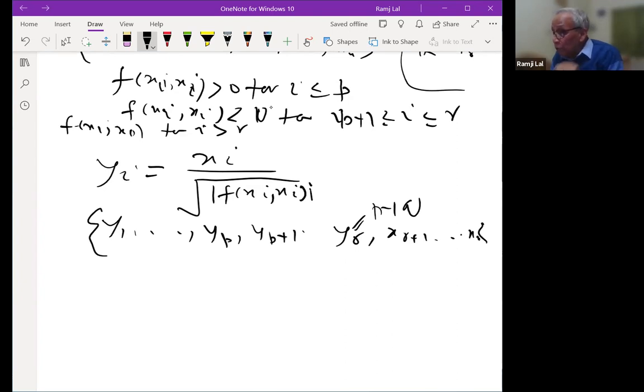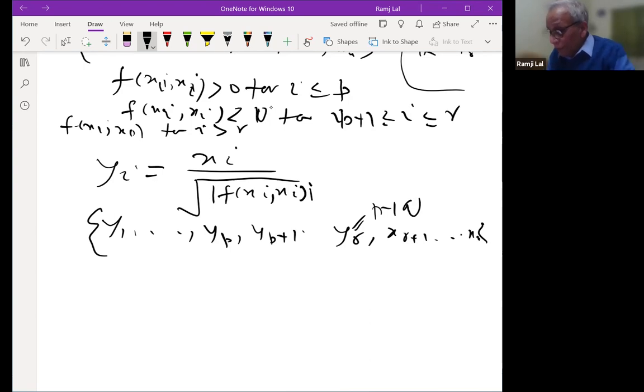Now we have just to prove that this p, q, r are invariant. If you take any other such basis for which some are positive and some are negative, then P, Q, R will be the same.